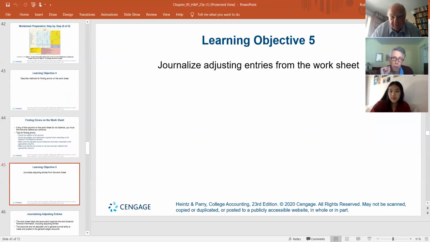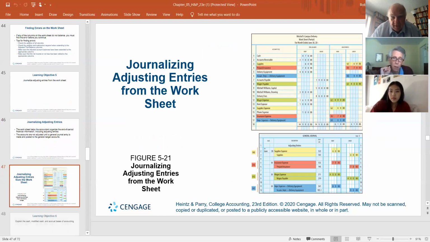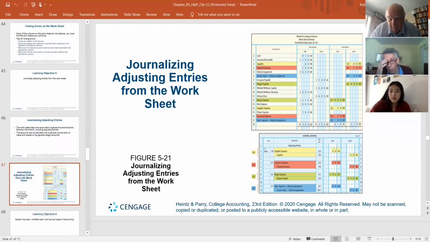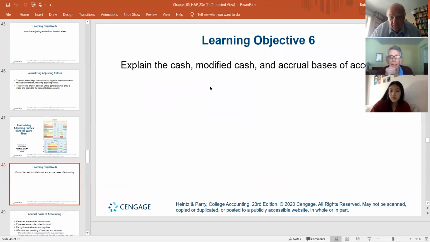Then we're back into journalizing adjusting entries. We're back on the worksheet, huh? All they're doing here is showing you the journal entries and how they are written in here. These are your journal entries in the general ledger, and this is where you posted them on the worksheet. These two columns, plus and minus this, gives you the next two columns.